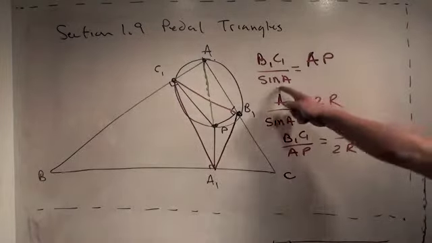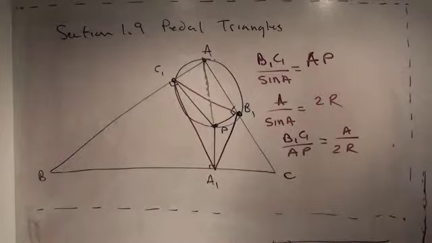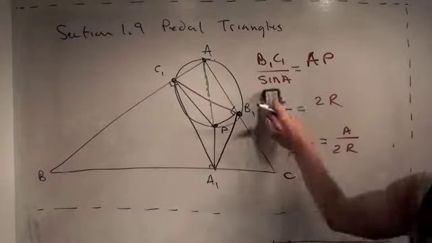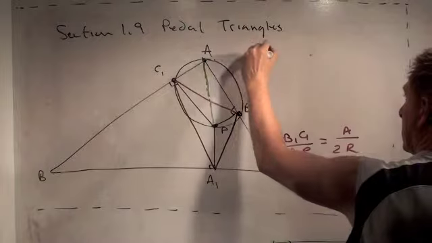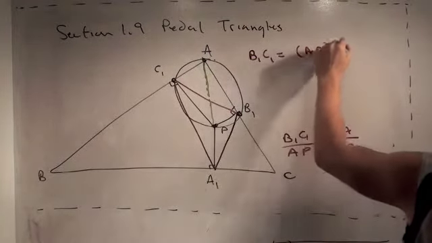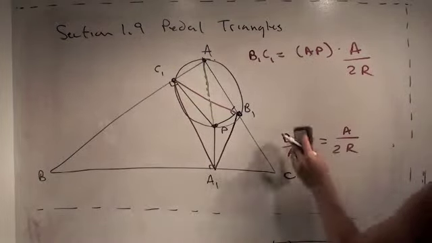That's just isolating sine A in each of these expressions and setting the two sides equal to each other. And so I've just learned a formula for the length of one of the sides. This tells me that B1C1 equals the side AP times side length of the big triangle a over 2 times the big circumcircle.